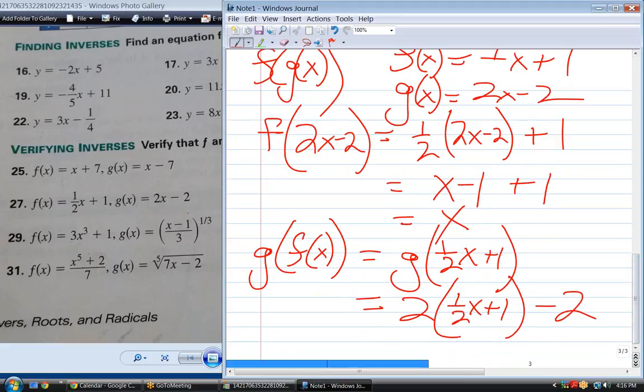Simplify: just x plus 2 minus 2. Yeah, they're inverses of one another.